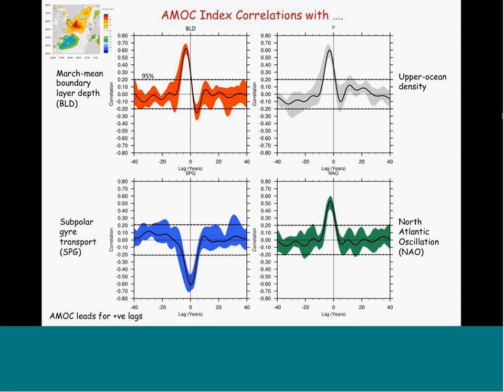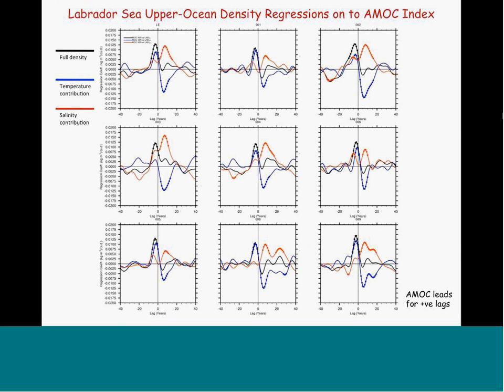I'm not going to get into detail, but essentially the NAO is influencing deep water formation through its buoyancy fluxes, not the wind part. It's primarily associated with buoyancy fluxes. Another thing here is that, as I said, the densities are large prior to an AMOC intensification.